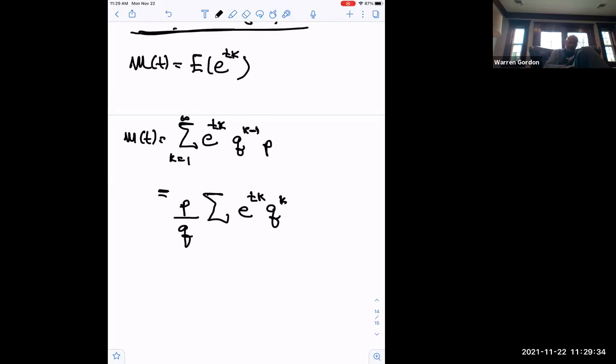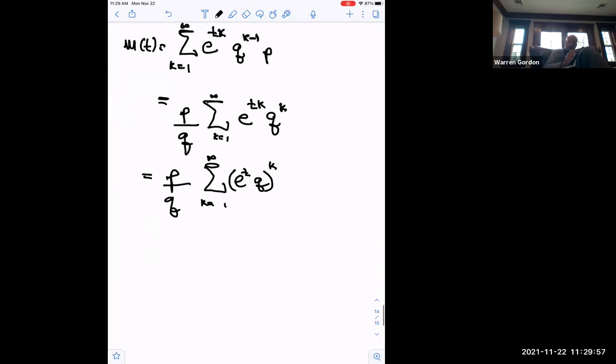And now let's rewrite this as P over Q, sum K equal 1 to infinity of e to the t Q to the K. This is a geometric series.